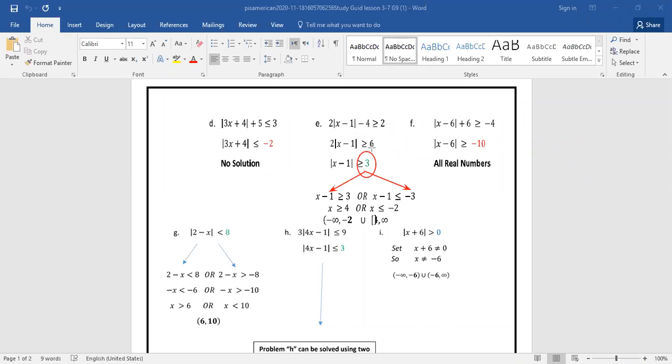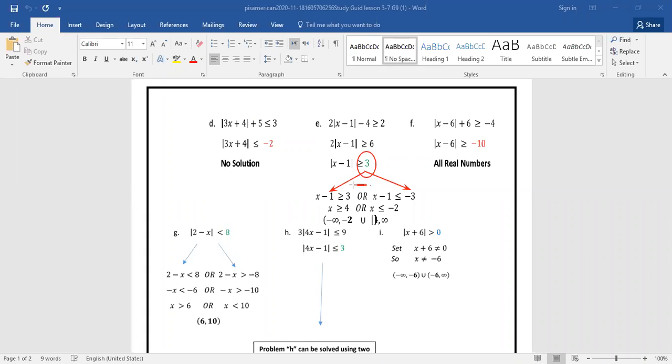This happens when the absolute value is more than a positive number, more than or equal. Please remember, it will be or.